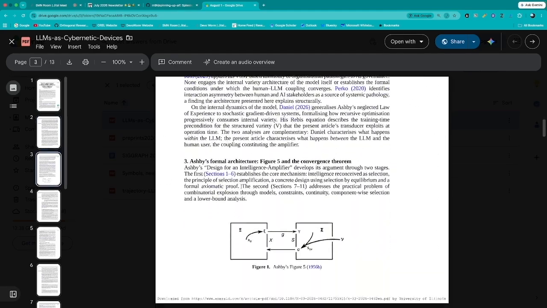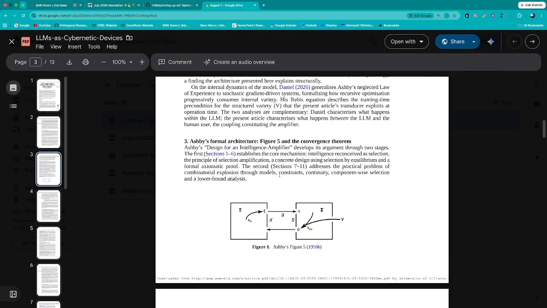Okay. And then this just shows some examples of the intelligence amplifier, where you have this closed loop feedback system, but you also have things going on within these two boxes. The human or the user has access to an internal model. They have access to the environment.